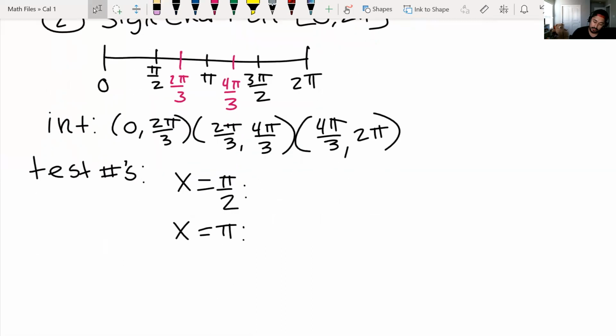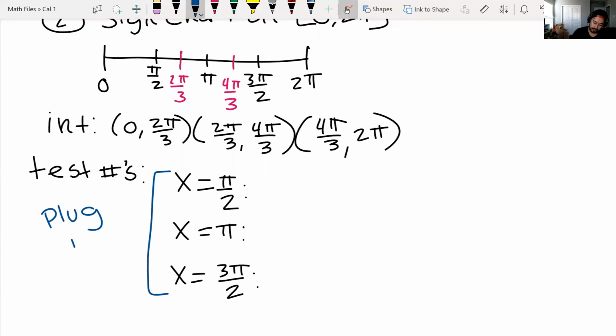And then from 4 pi over 3 to 2 pi, again, that other value that comes in handy is 3 pi over 2. And remember, plug into f prime of x.